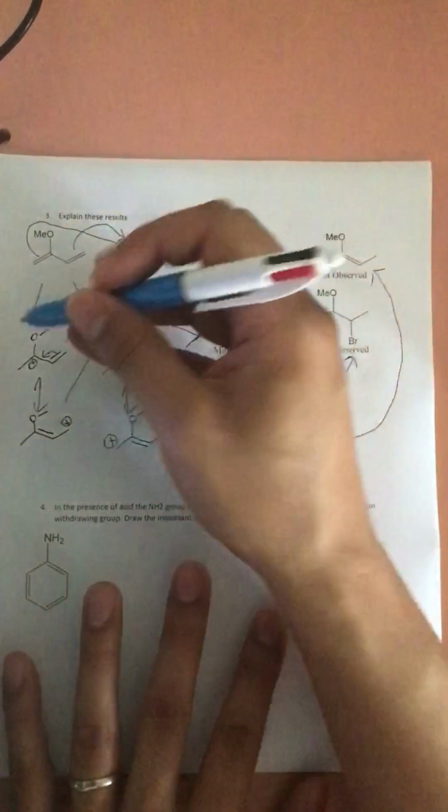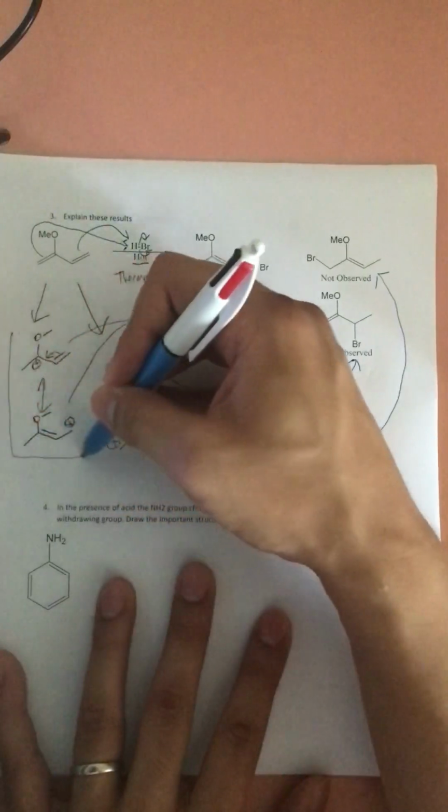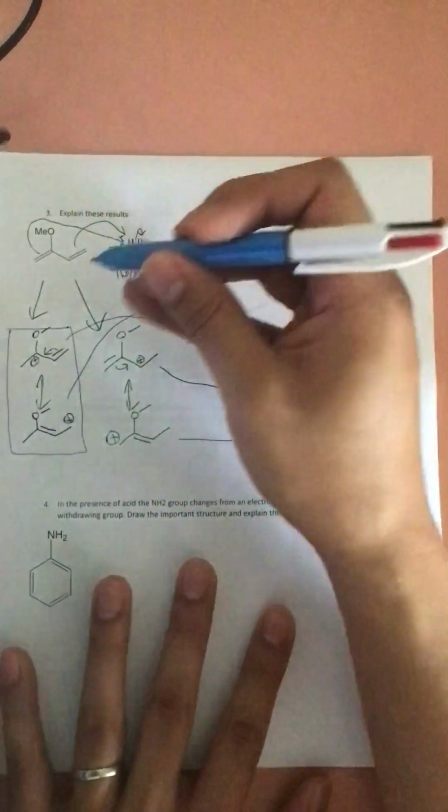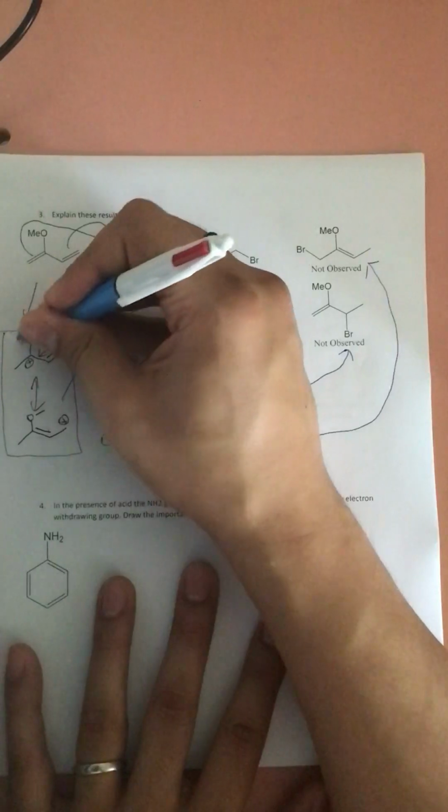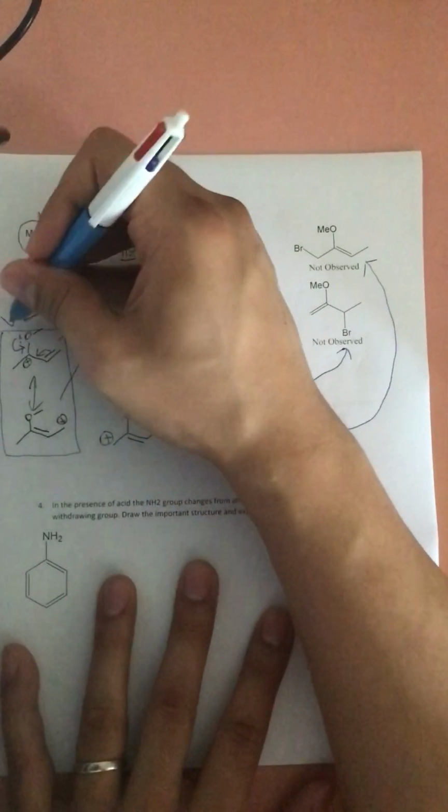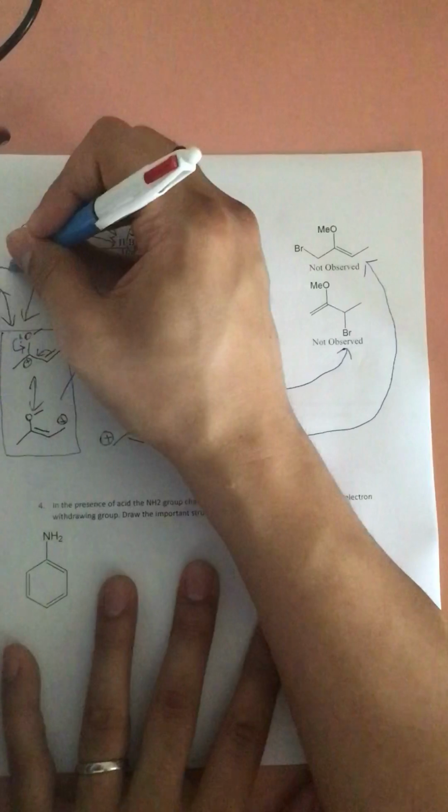So this question is asking, why is this carbocation more stable than this? And I'm going to explain this with this lone pair giving me an extra resonance structure.